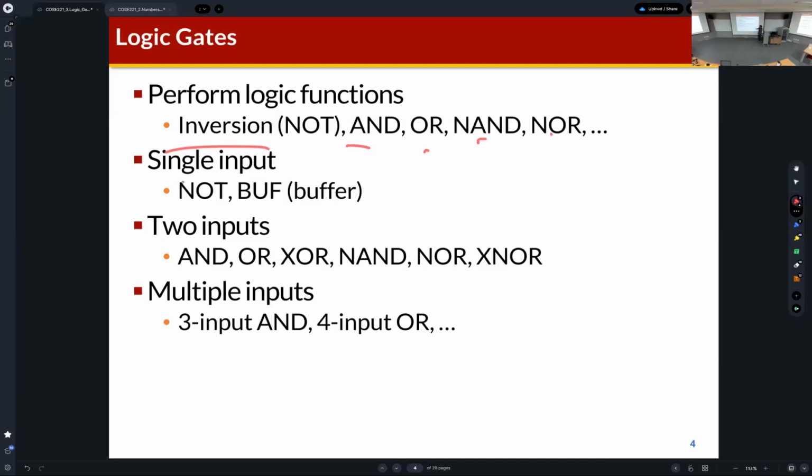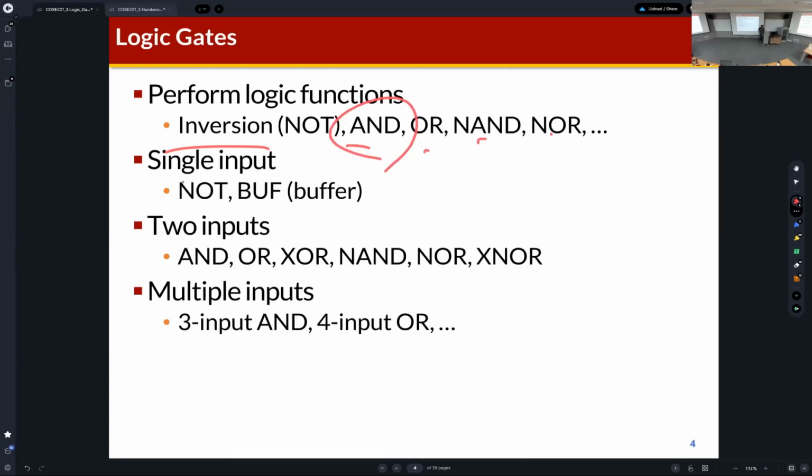A logic gate receives binary data, and if the binary data is handled and a binary output is generated, this is called a logic function. Then we can define the behavior of a logic function.